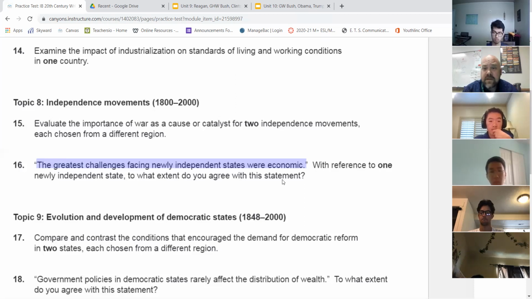Okay, I think that's a pretty strong argument, right? I think that we can pretty clearly see that India's earliest problems as a newly independent country are not really economic. They're more like ethnic identity problems, right?